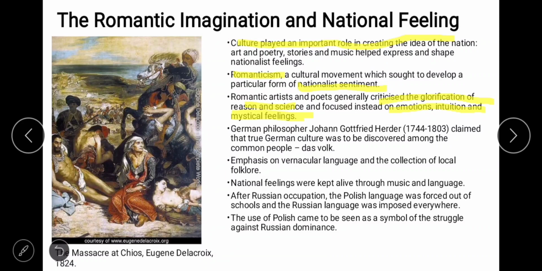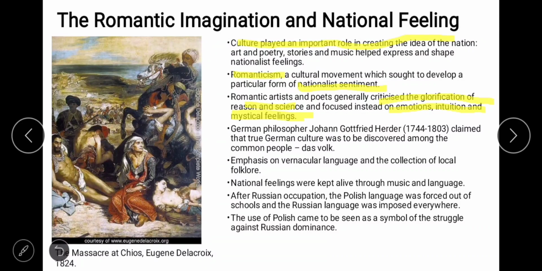Their effort was to create a sense of shared collective heritage, a common cultural past, as the basis of a nation. It was through folk songs, folk poetry, and folk dances that the true spirit of the nation was popularized.